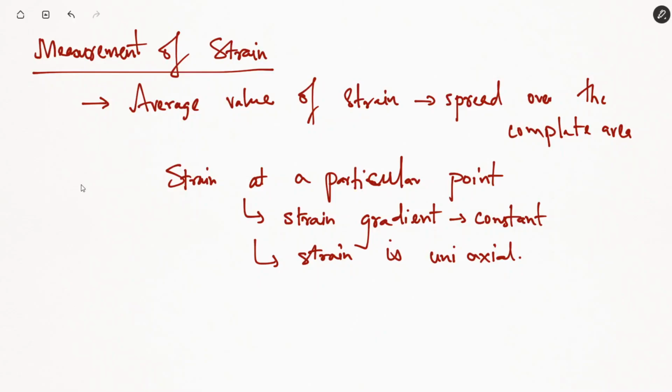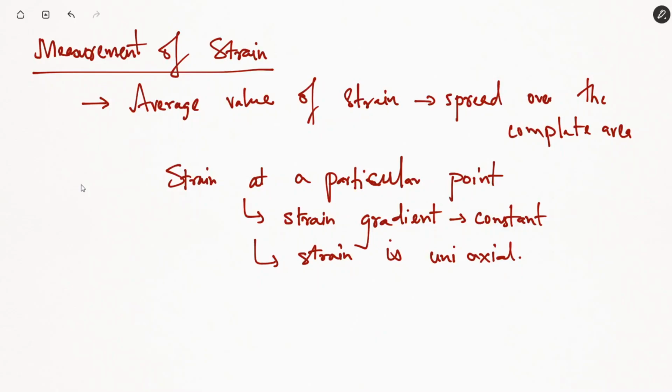In that case, the strain gauge is fixed or aligned in the same axis as that of the strain itself. That makes sure that the midpoint of the strain gauge coincides with the point of interest where we are trying to measure the value of strain.